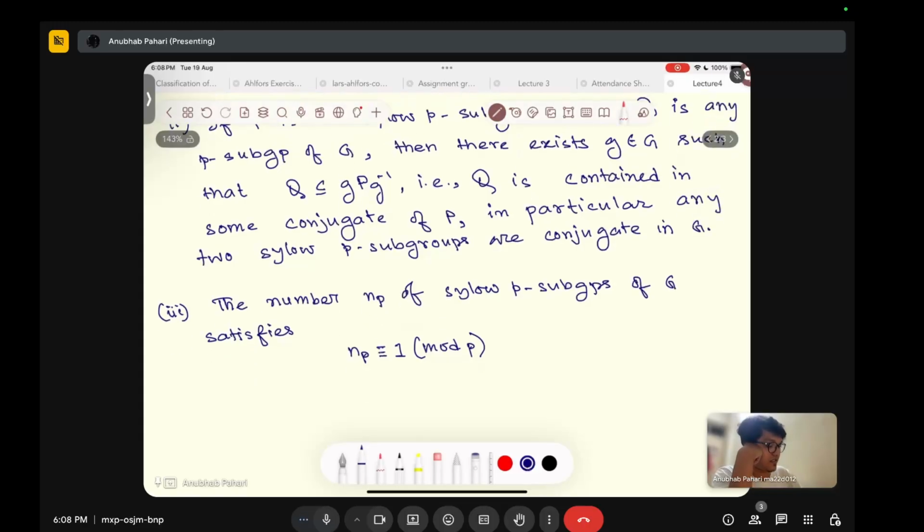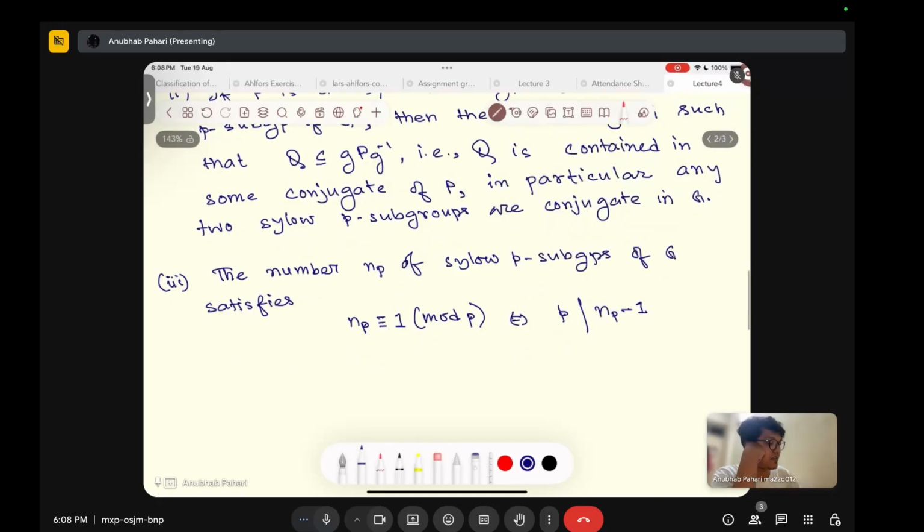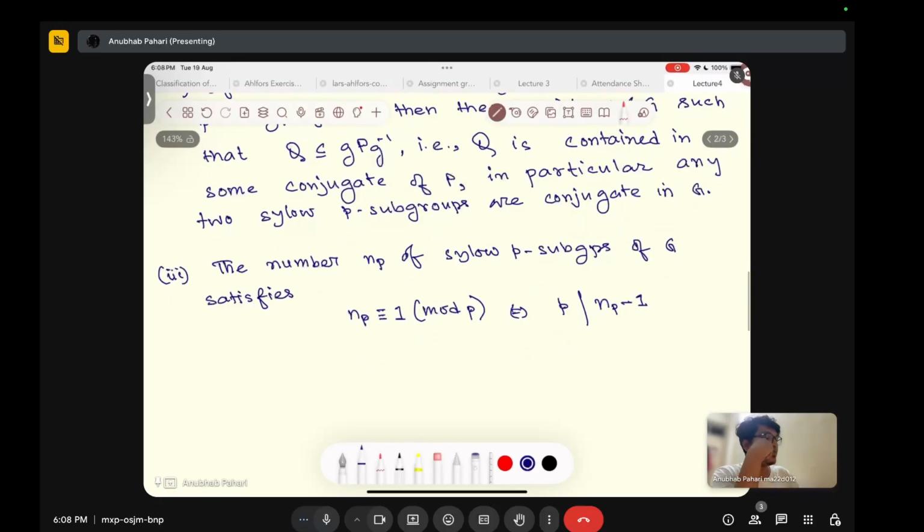That means p divides np minus 1, or similarly np minus 1 equals p times r, where r belongs to some natural number.